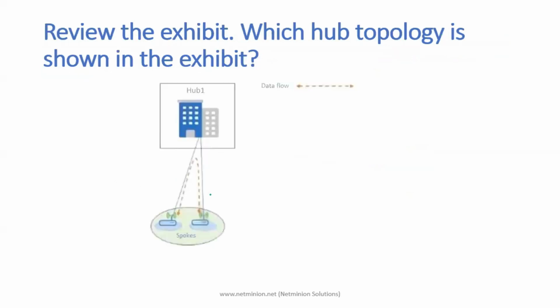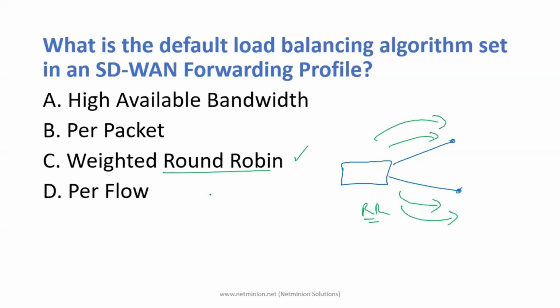Sir, is this not per flow, sir? That is what I was also getting confused. I think it is per flow, sir. Even I was also thinking that it can be per flow. But if you talk about load balancing, let's go for the round robin, although round robin also goes for per flow. Because I put that in a lab in production, and it should be per flow, because even weighted round robin is also there.